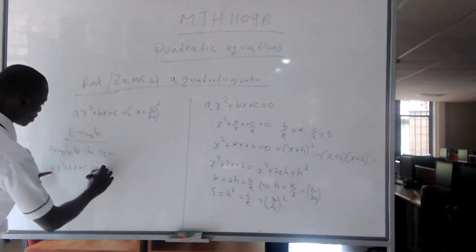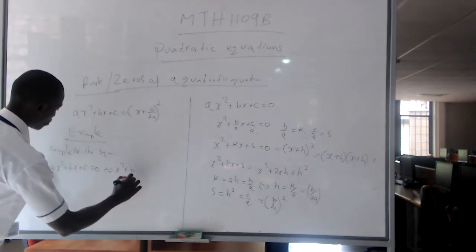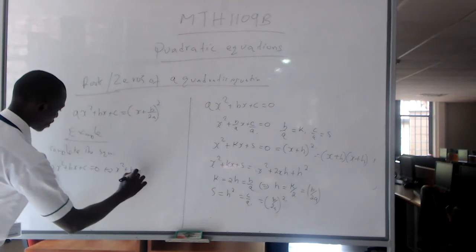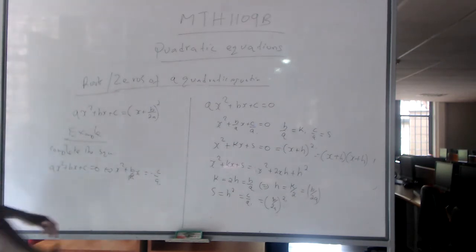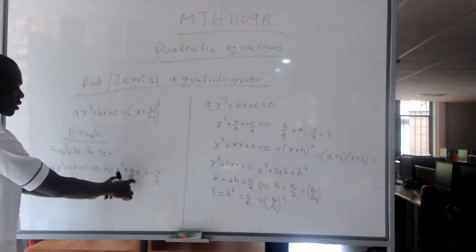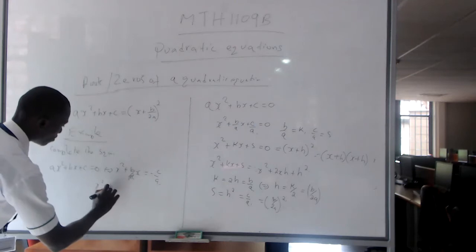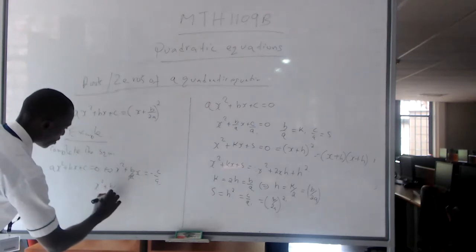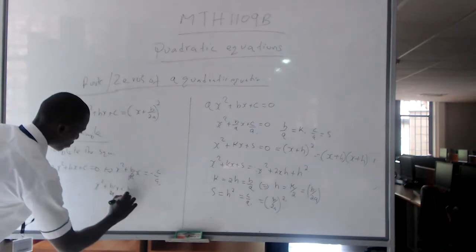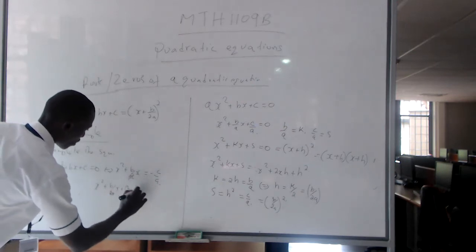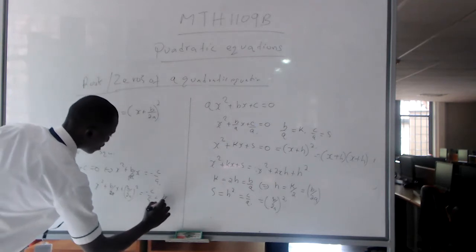So you write this as x squared plus (b divided by a)x equals minus c divided by a, and then add half of this, squared, so x squared plus (b divided by a)x plus (b divided by 2a) squared should be equal to minus c divided by a plus (b divided by 2a) squared, since I add the same term on both sides.